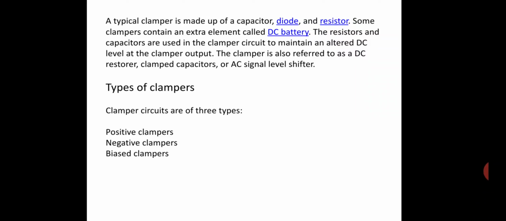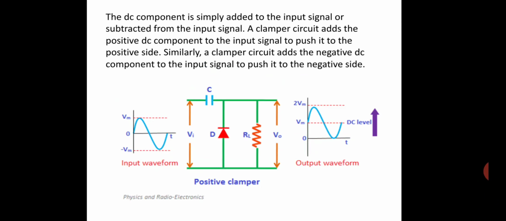So a battery is used with positive and negative types, then it is called a positive biased clamper or negative biased clamper, and we will discuss it tomorrow in detail.